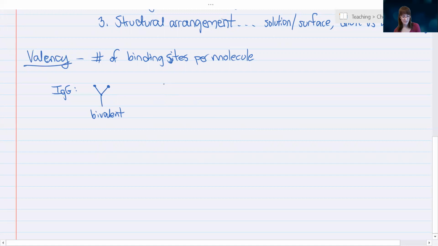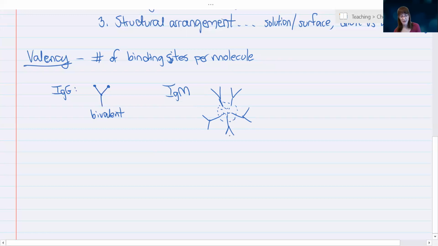In contrast, the IgM, which is another common antibody form, another isotype, actually has a pentamer shape. And so you have five of these heavy-light chain complexes, and then they're linked by disulfide bonds in the Fc region. And sometimes there are even additional linkages here, called a J chain.